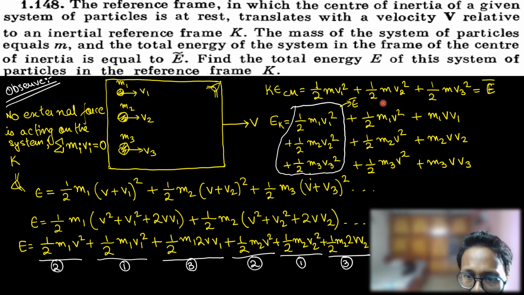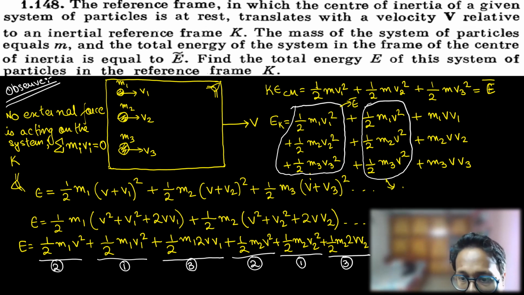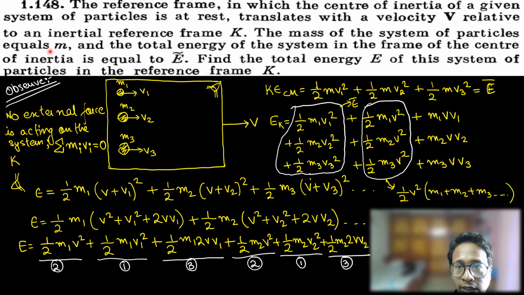It would be half v square into (m1 plus m2 plus m3 and so on), and m1 plus m2 plus m3 is nothing but the total mass of the system of particles, which is equal to m. This is nothing but m.